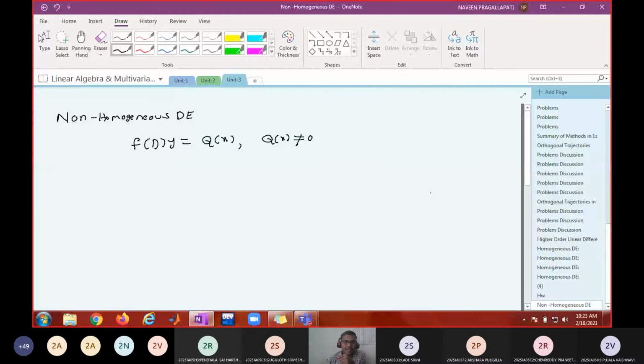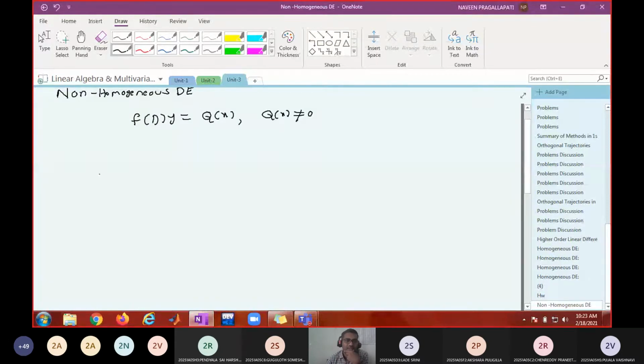Now how to solve this non-homogeneous differential equation? The general solution contains two parts.